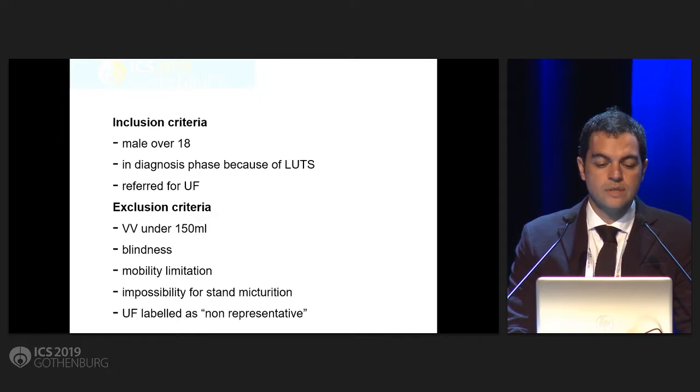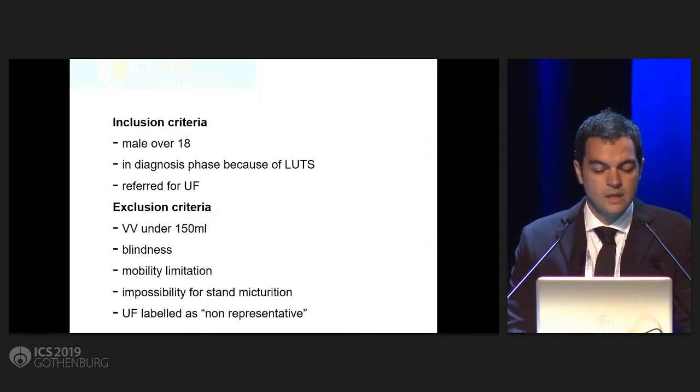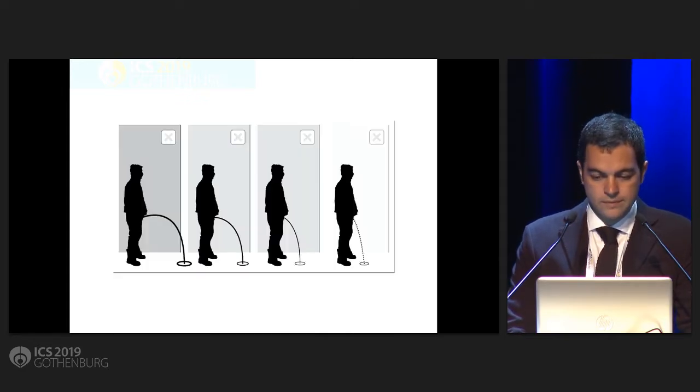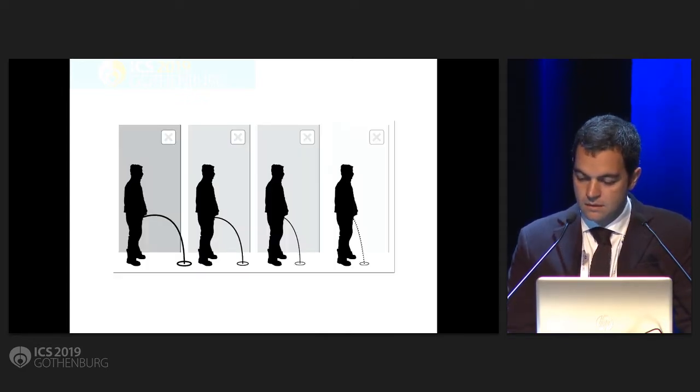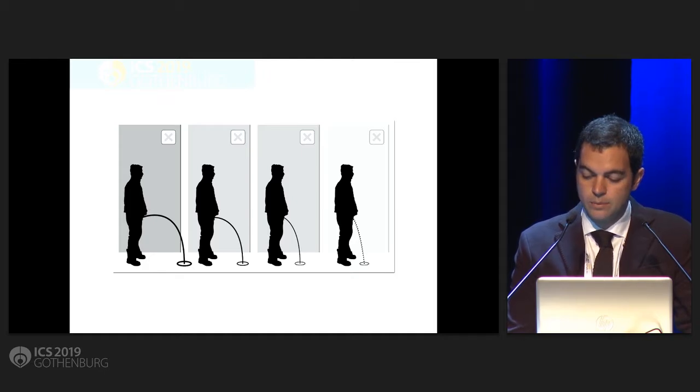The exclusion criteria were voided volume under 150 milliliters, blindness, mobility limitation, impossibility for standing micturition, or uroflowmetry labeled as non-representative. Guidelines for good urodynamics practice published by Schäfer in 2002, as well as European Association of Urology guidelines, were followed.